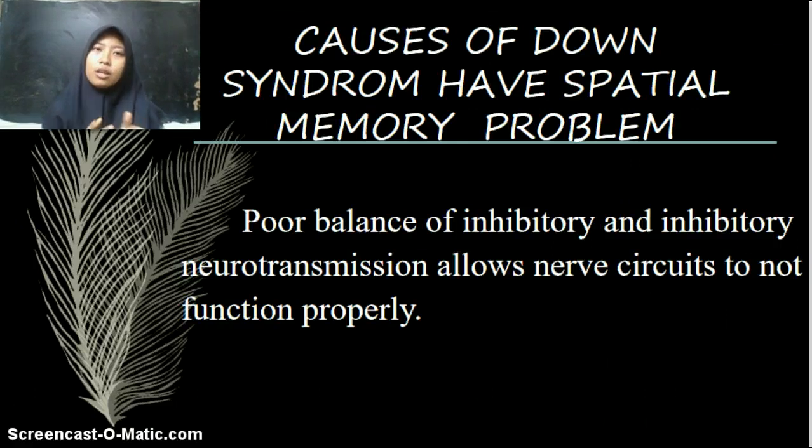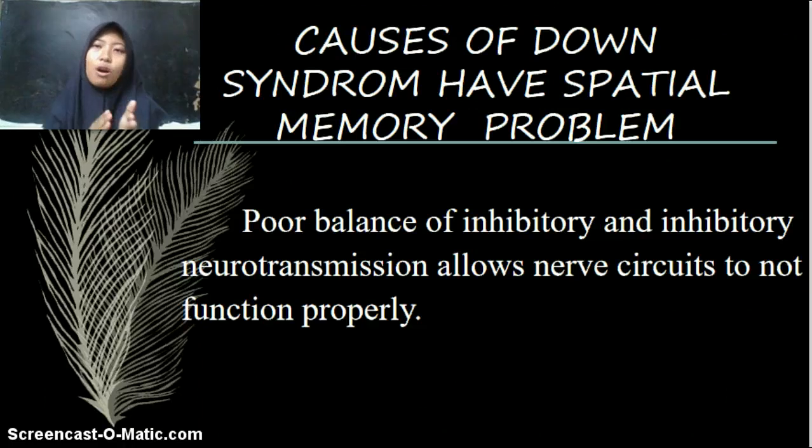We have seen in most models of Down syndrome that there is a problem of imbalance between excitation and inhibition of certain neuronal circuits of the hippocampus, a brain structure related to memory and orientation in space.